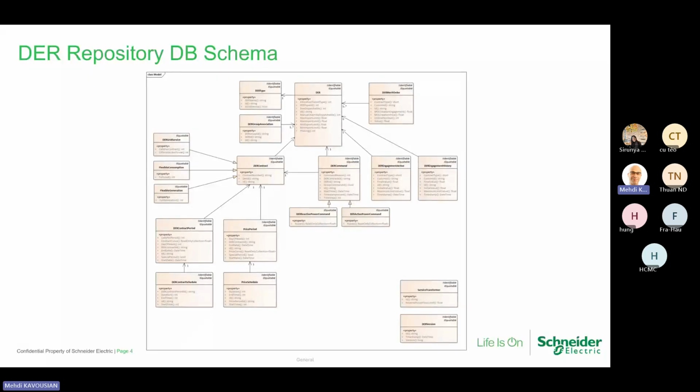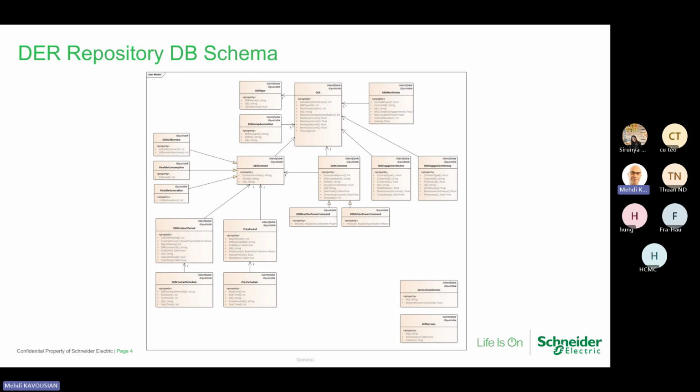Maybe I share this one. Can you see this on Teams? Sometimes when I was sharing here, it's a little bit small, but this is the relationship between elements in that table. So DER is the element, right?